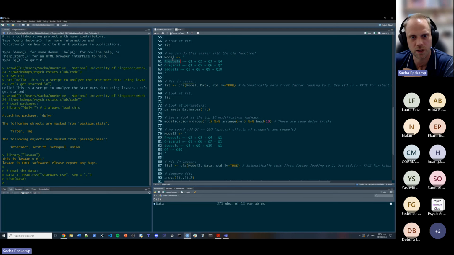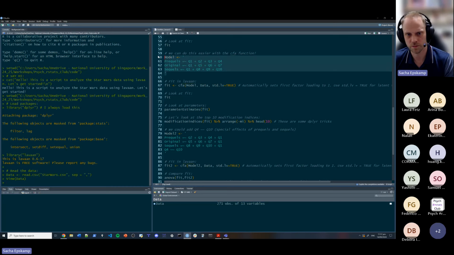I define a prequel latent variable, and say it is indicated by this indicator and this indicator and this indicator and this indicator. I define an original trilogy latent variable indicated by this one. This is the same one. And because of that, I set the variances to 1 rather than the factor loadings, because the first factor loading is the same, which is this argument here. So I have the original trilogy with these 4 items, and the sequels.